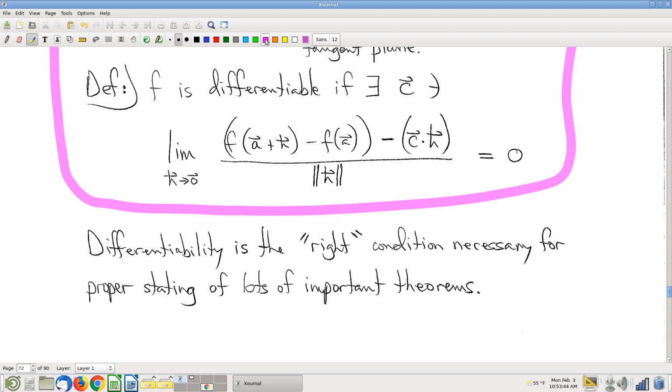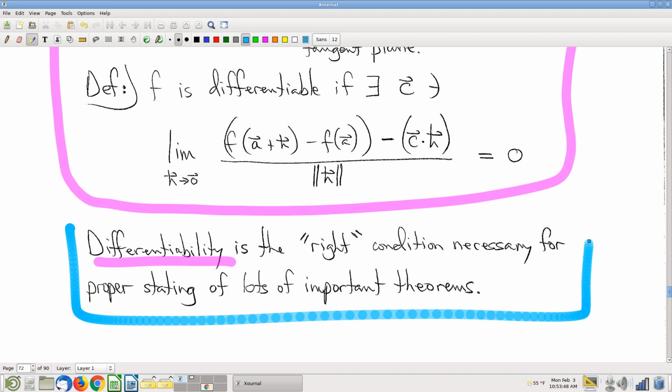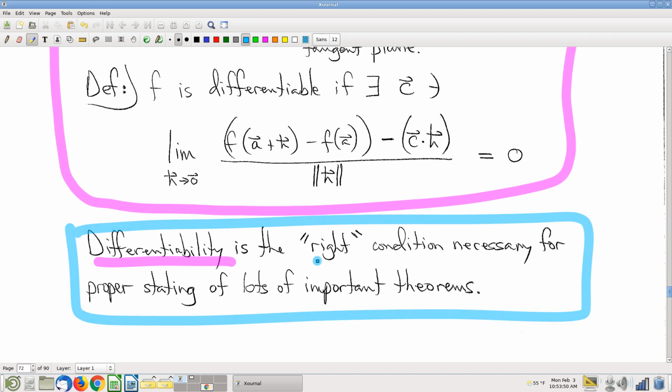Just so you know, differentiability specifically is the exact right condition necessary for stating lots of important theorems, lots of stuff that we're going to do in this course. What is the strict requirement necessary to use a theorem that we're going to be using later in the course? The function must be differentiable. That's what we need.